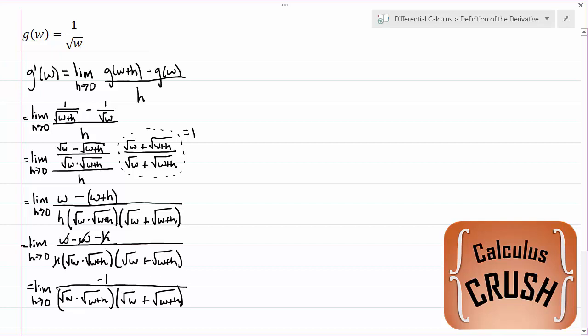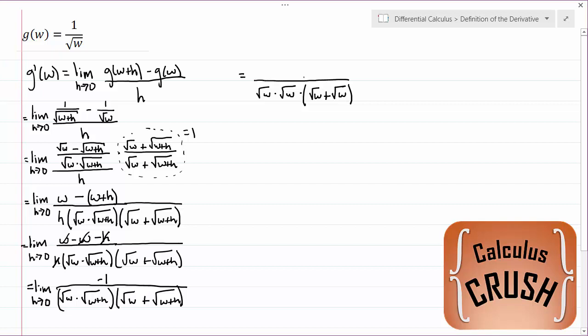Now we can actually take the limit. So everywhere we see an h in this expression, we need to make it 0. So all we're left over with, I'm going to write the bottom first, is the square root of w times the square root of w times the square root of w plus the square root of w.